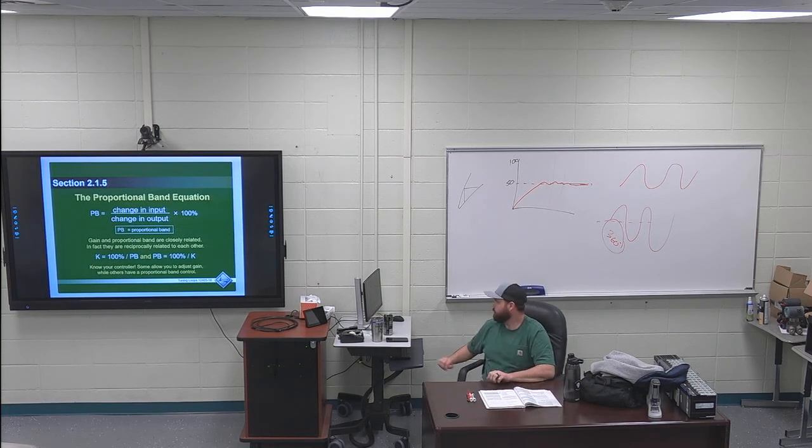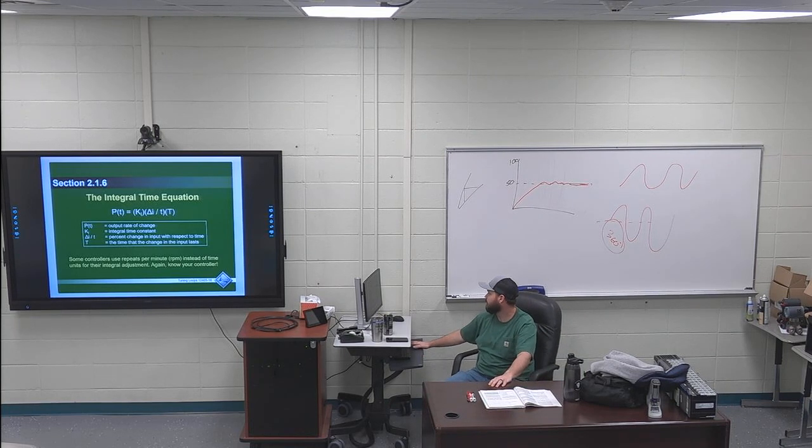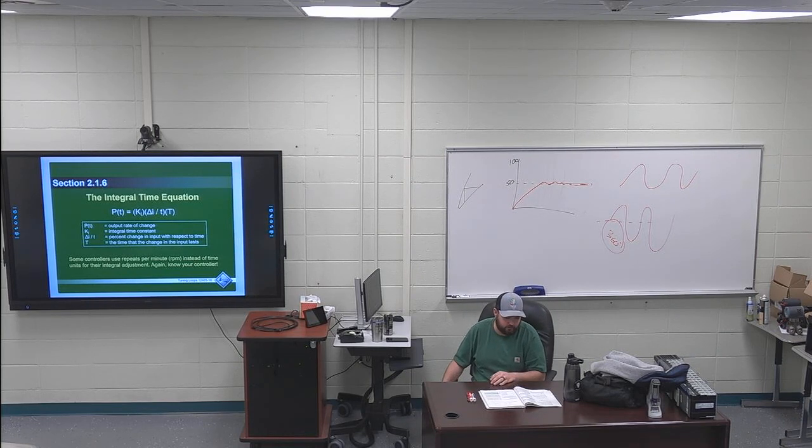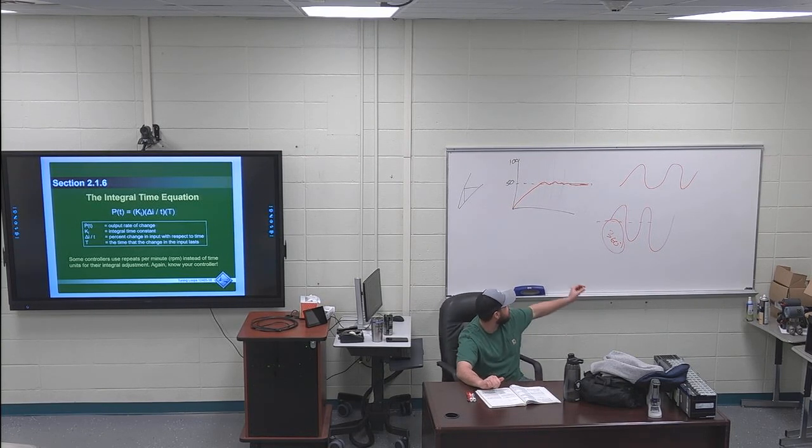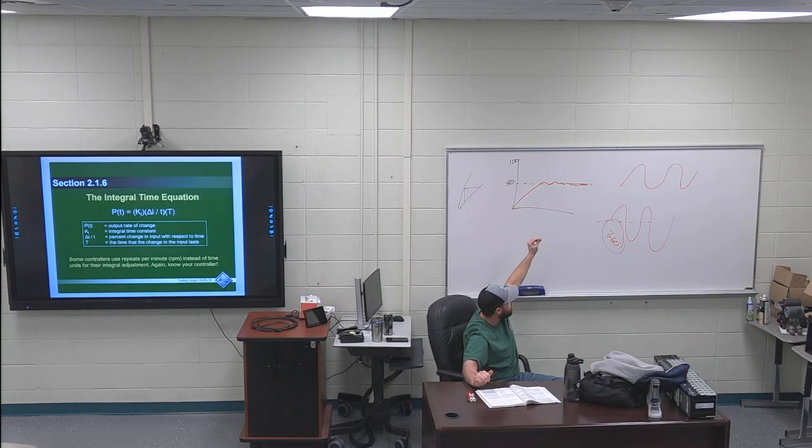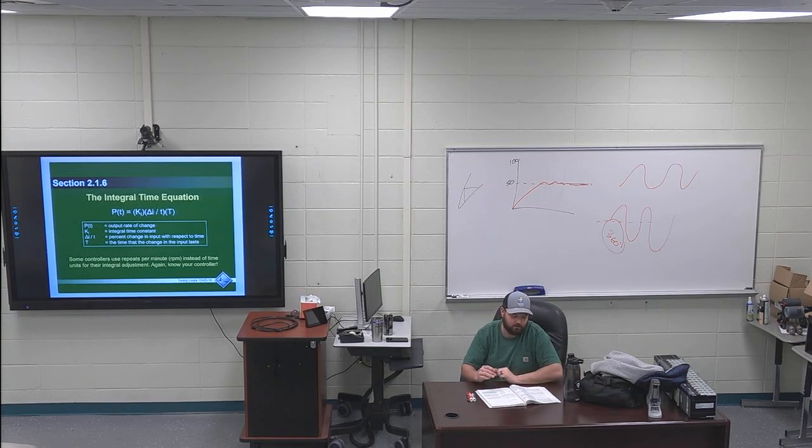Flipping the page, 216. They'll go through the integral time equation to figure out what you should plug in for your integral. I did not have anything highlighted in that. But that's where your repeats per minute come into play, because that's what's sensing the difference between our set point and our actual process variable for integral.